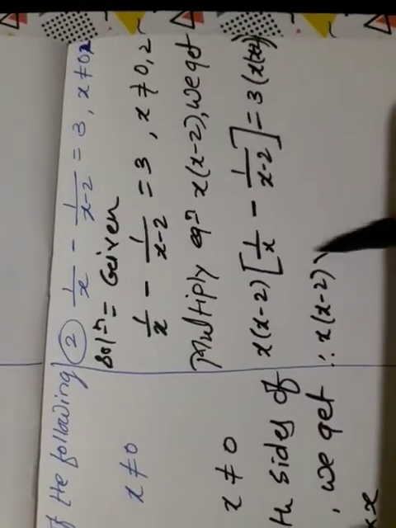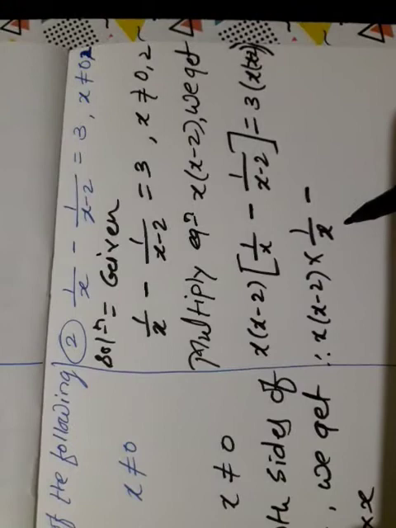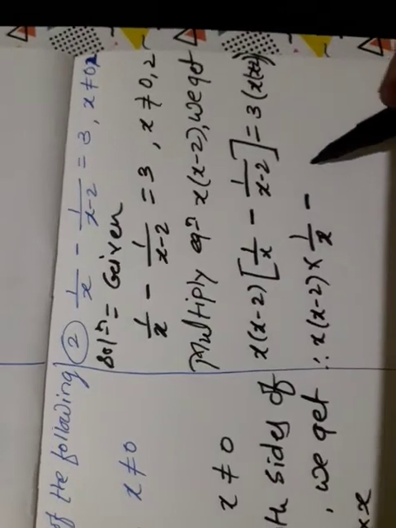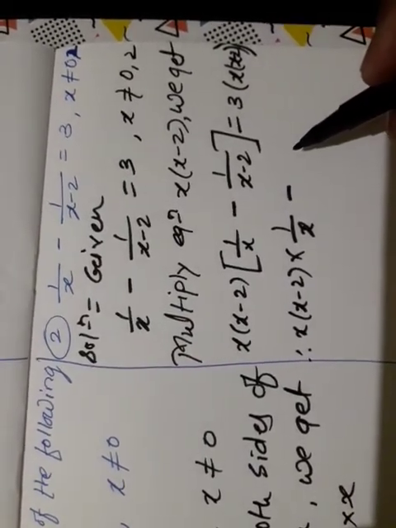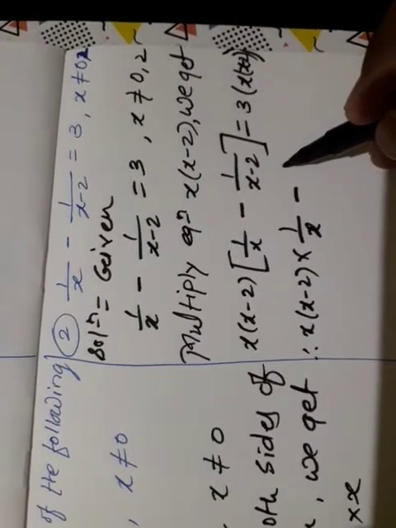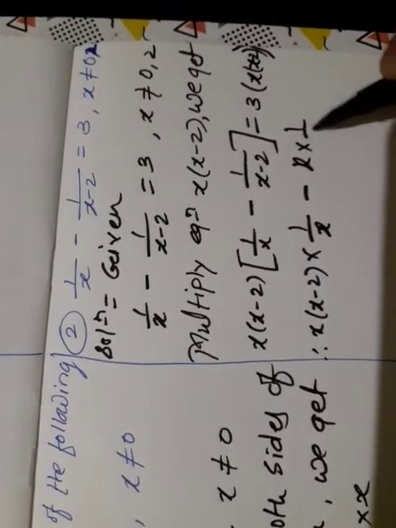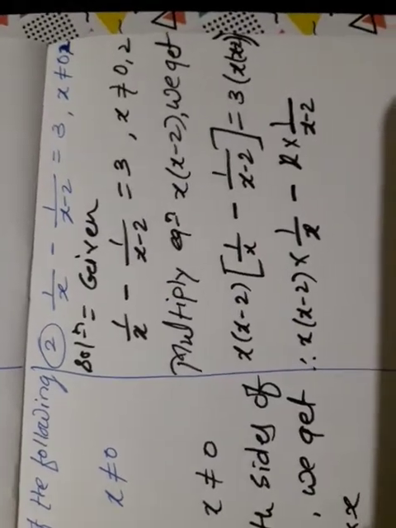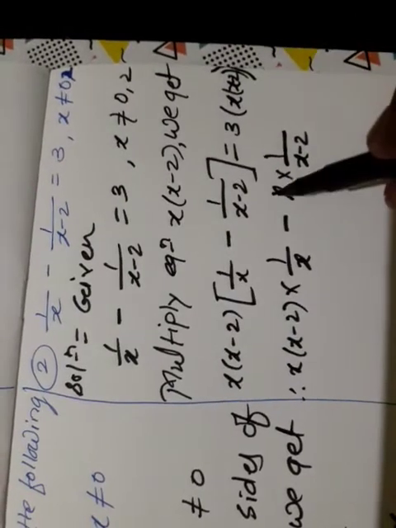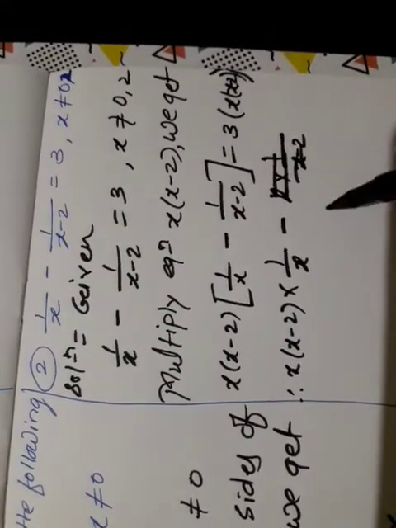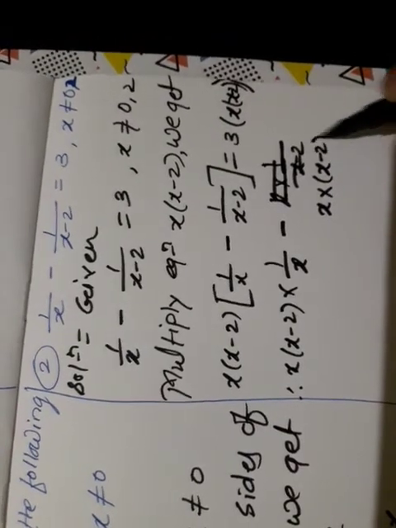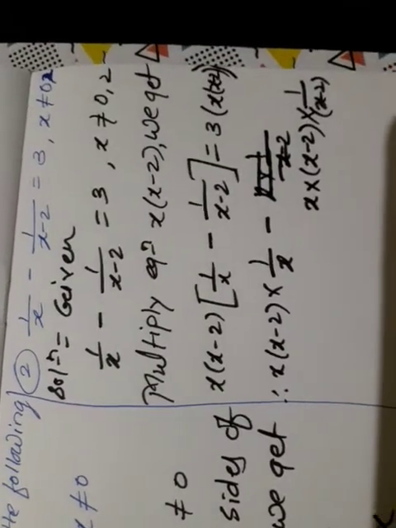Therefore x in bracket x minus 2 into 1 upon x, minus into minus, plus. Next, I will write in the bracket for your better understanding: x into x minus 2 into 1 upon x minus 2. Got an idea what I did?